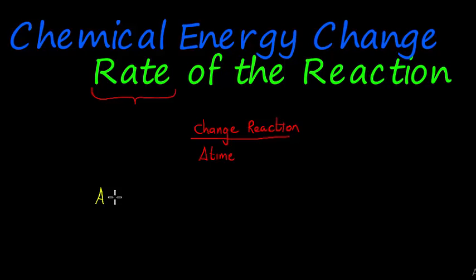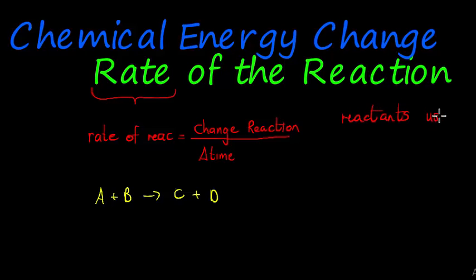In a reaction, we have reactants forming products, C and D. And the rate of reaction would refer to the change: how quickly are the reactants used, or products formed?